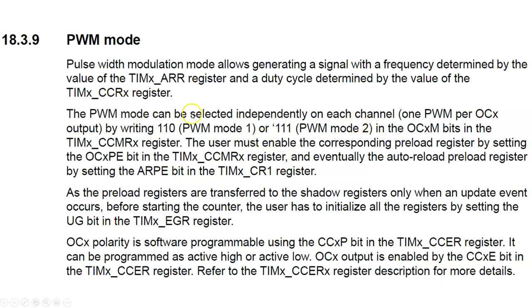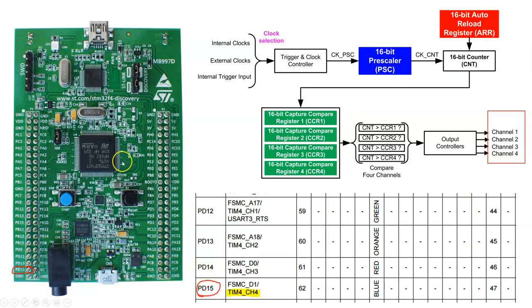It says the PWM mode can be selected independently on each channel. So remember there are 4 channels. By writing a 110 or a 111, PWM mode 1 or 2, in the OCM bits in the CCMR register. Well, recap, port D15 is connected to the blue LED. Blue LED is connected to timer 4 channel 4.